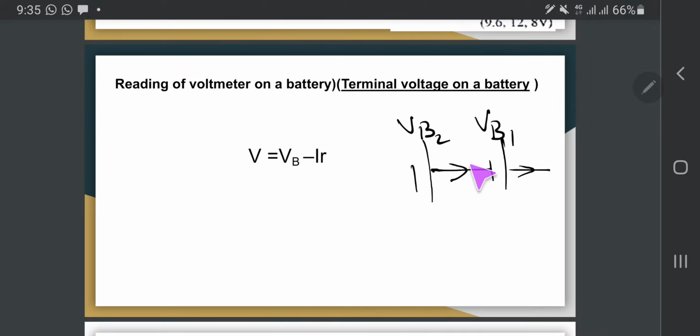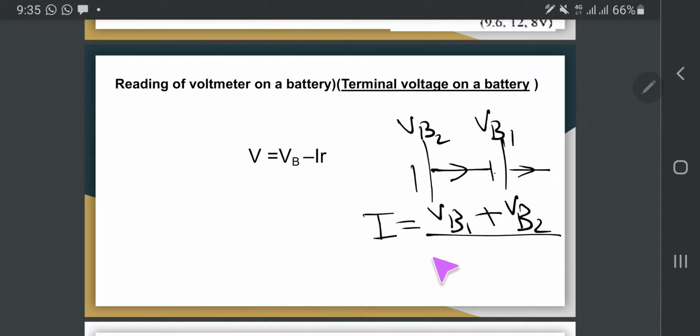Given the current, I equals VB1 plus VB2 divided by R equivalent plus R1 plus R2, if each battery has internal resistance.